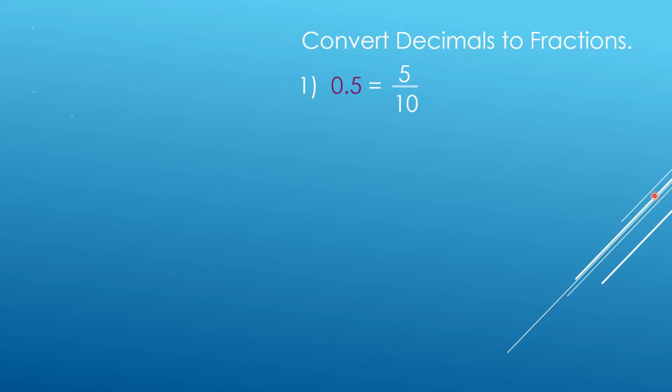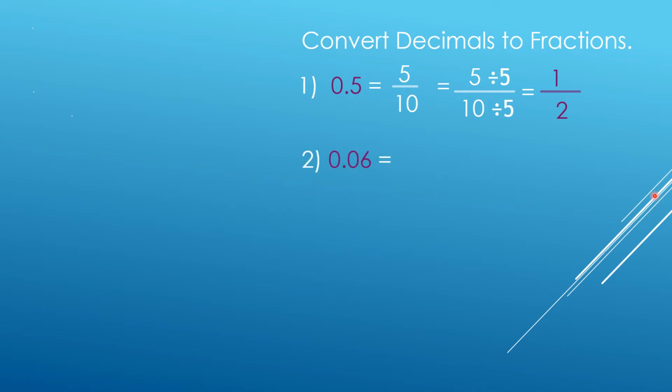Then reduce this to the lowest term. You can think of a common factor of 5 and 10, and that is 5. So you can divide 5 by 5 and 10 by 5, and that is equal to 1/2. So the fraction form of 5 tenths is equal to 1/2.